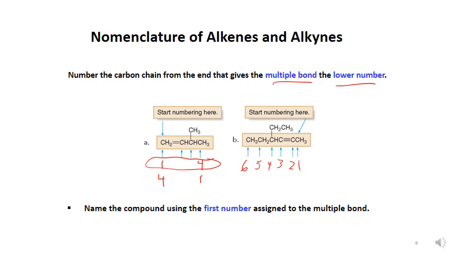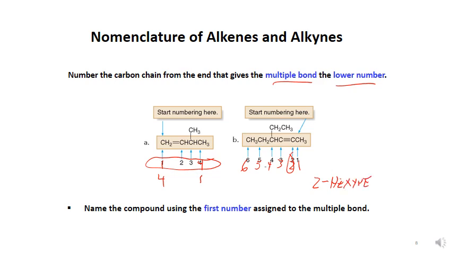Let's see if it adds them in. I forget. Yep, 1, 2, 3, 4. 1, 2, 3, 4, 5, 6. So this is going to be, because the second carbon is the one where the multiple bond starts, we're going to call this a 2-hexyne.